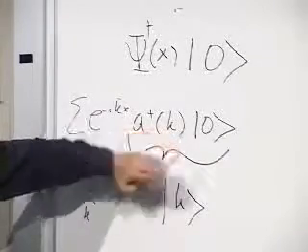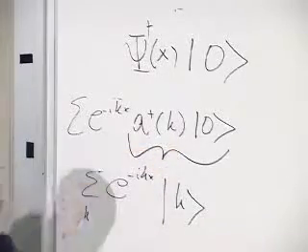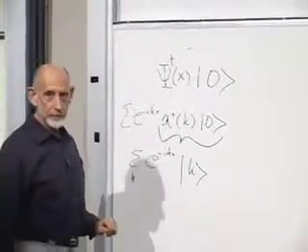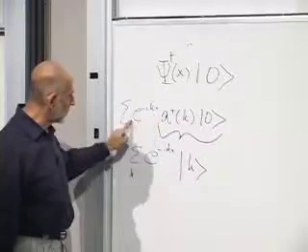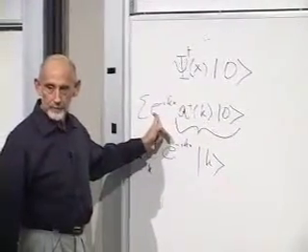Incidentally, what's the probability for different values of k? All the different values of k have the same probability because the coefficient, when squared, gives 1.